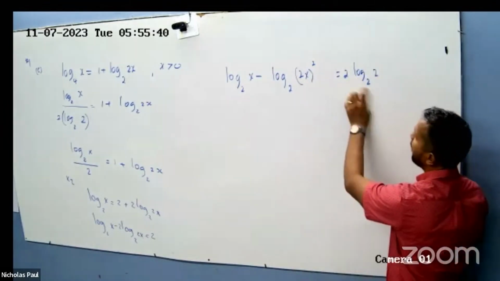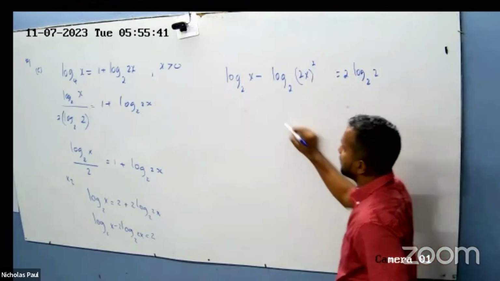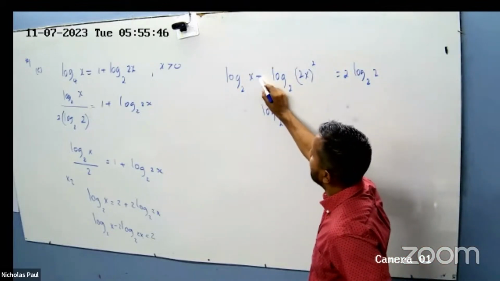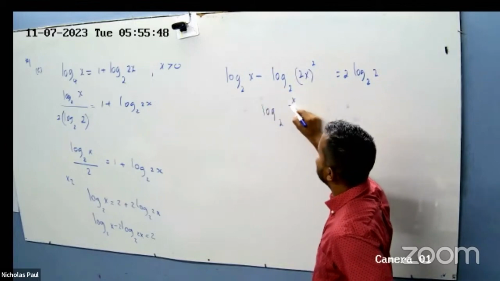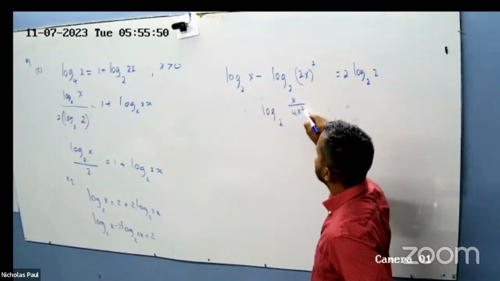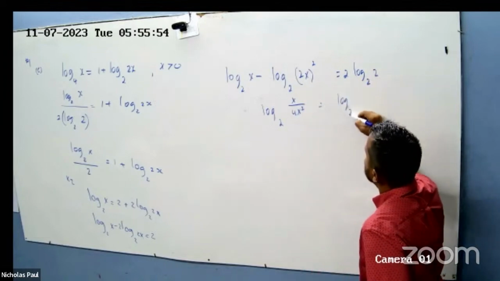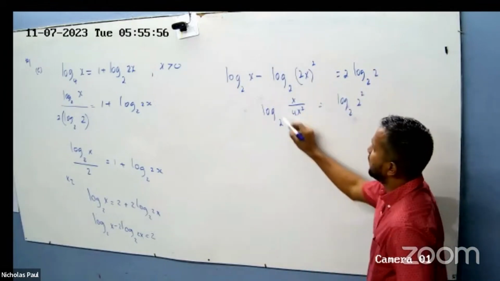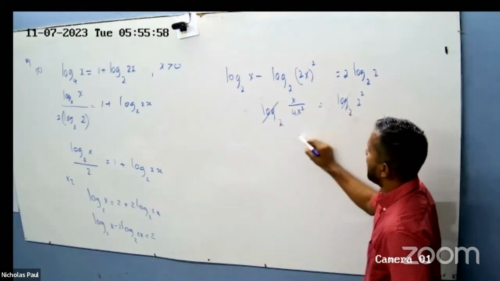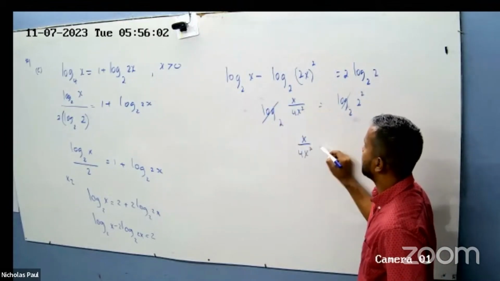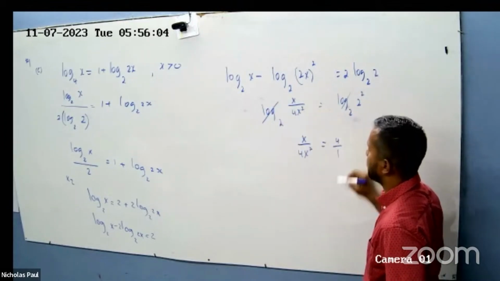Right? This will allow you to have everything in terms of log. So this will be log to the base 2, subtract, same base. So we're going to divide. That's 4x squared. Bring this 2 here, and you will get log to the base 2 of 2 squared. This will cancel with this, and you'll get x over 4x squared is equal to 4. Right?